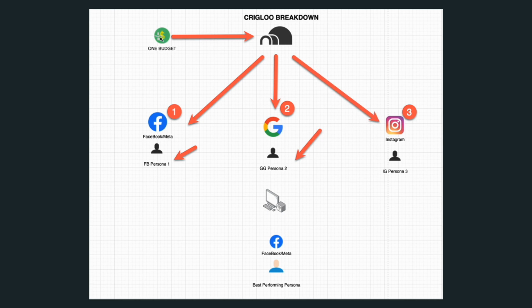Again, we have one budget here, and I'll run it through Instagram through this third persona. Based on your criteria, Crigloo uses machine learning, based on the personas where they're getting the most feedback and the most interaction, and they're going to allocate those budget dollars to the best performing ad.